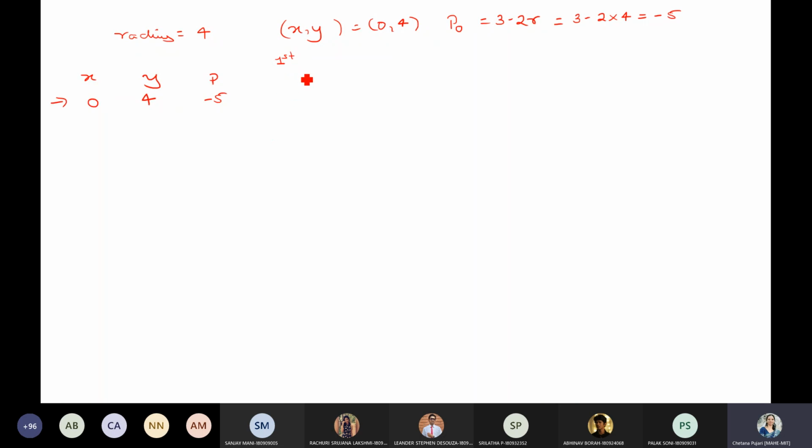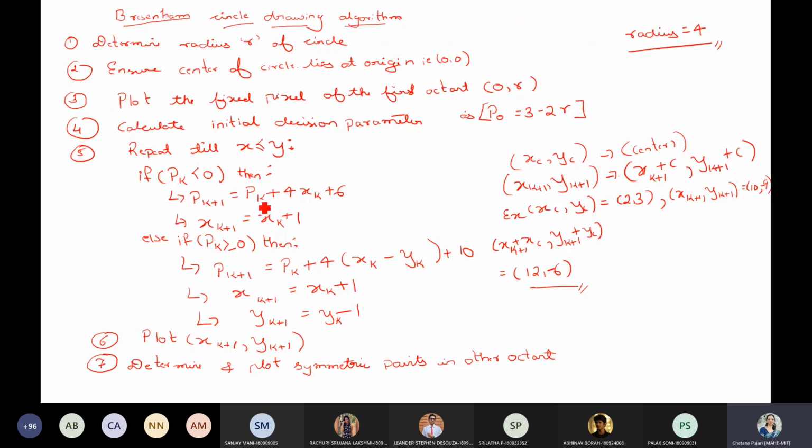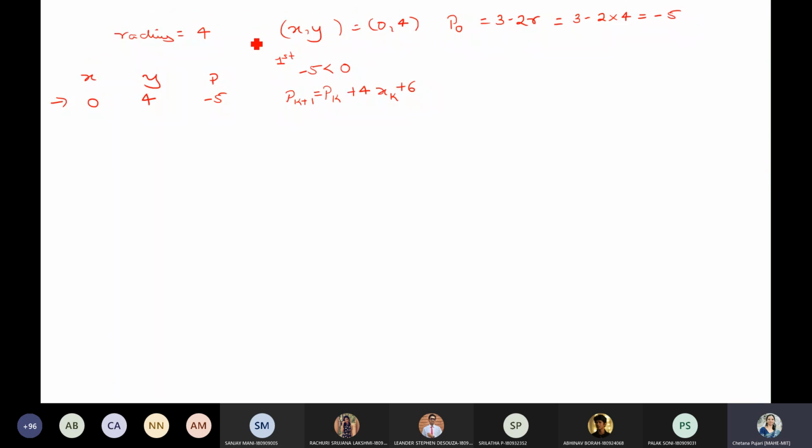So in the first iteration, your p value is less than 0. When your p value is less than 0, what will be your pk plus 1? It is pk plus 4xk plus 6, right? Substitute values: pk is minus 5, xk is 0, plus 6.